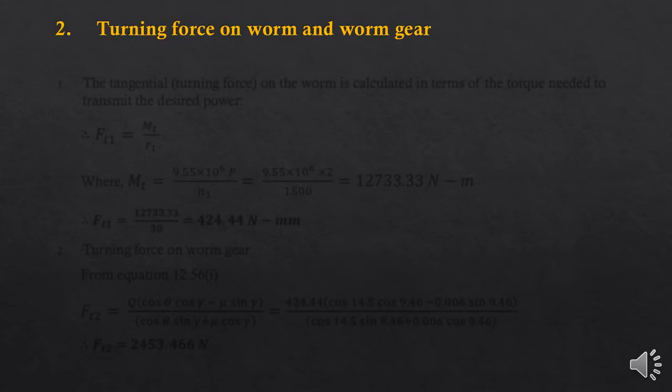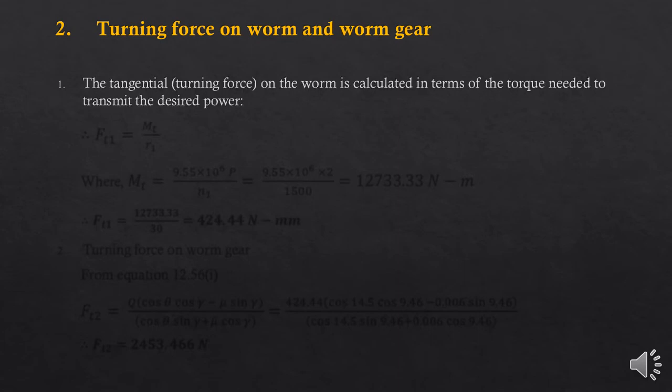Okay, so the next parameter which they have asked you to calculate is the turning force or the tangential force that acts on the worm and the worm gear. Alright, so let's begin by calculating the tangential force or the turning force on the worm first. The worm is driving the worm wheel.